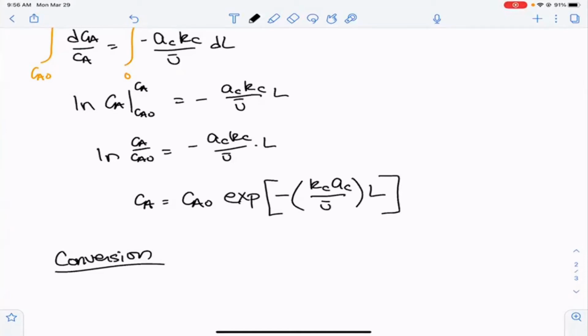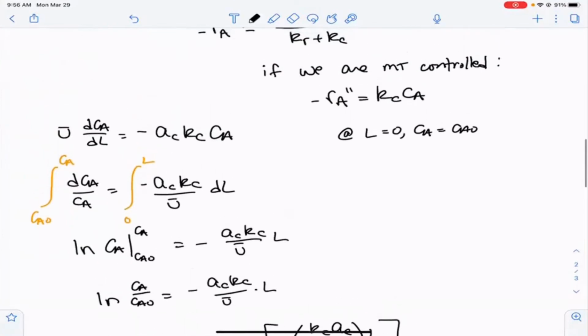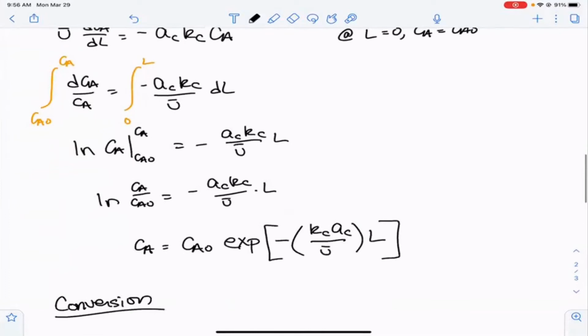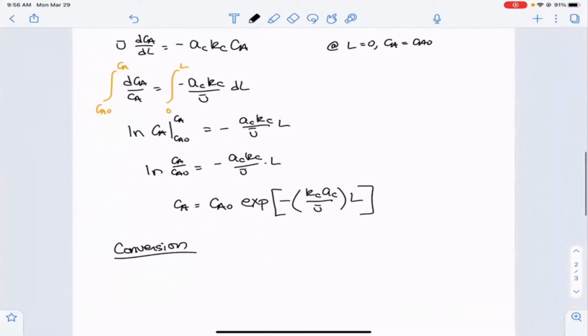So for us to do that, let's go back to right before we were going to integrate this thing. So let's look at maybe this form of our equation. Well, we know then that U times dCA/dL equals minus aC times kC times CA.